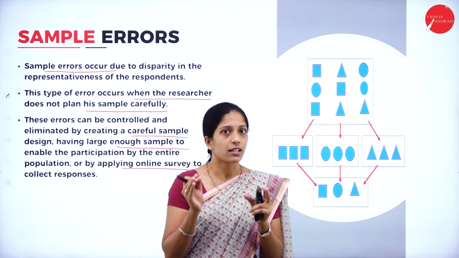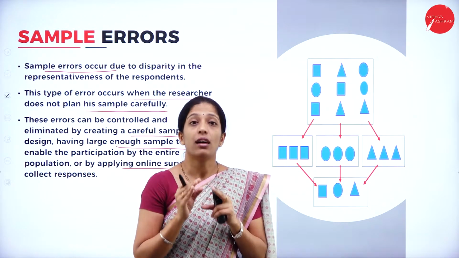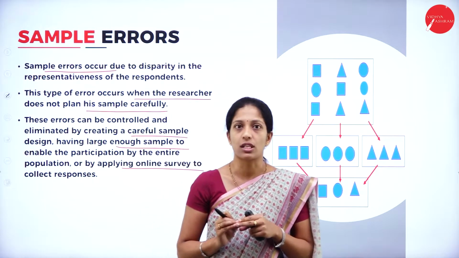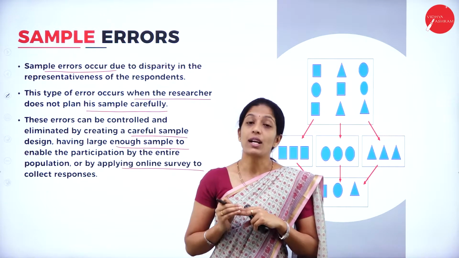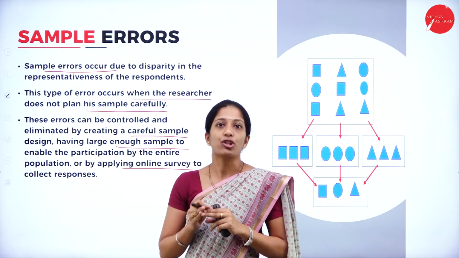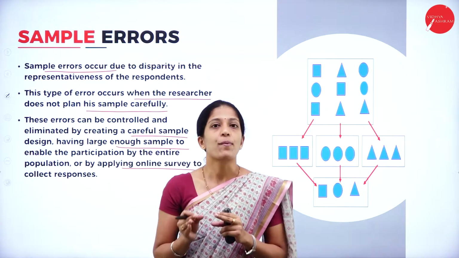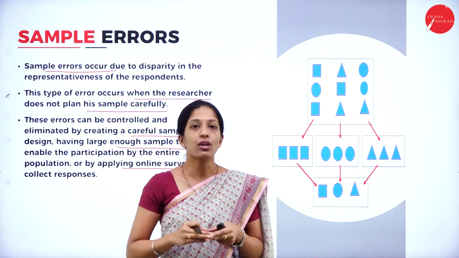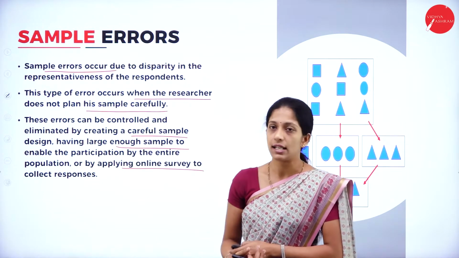Of course, we have selected a group of individuals into a sample, but whether those individuals are ready to participate in the sampling process, whether they are ready to give the information, that is known as selection error. Next one is sample error. Here the sample should represent the entire population. If the sample is not representing the entire population, then it leads to sample errors. So, these are the 4 types of errors in sampling.